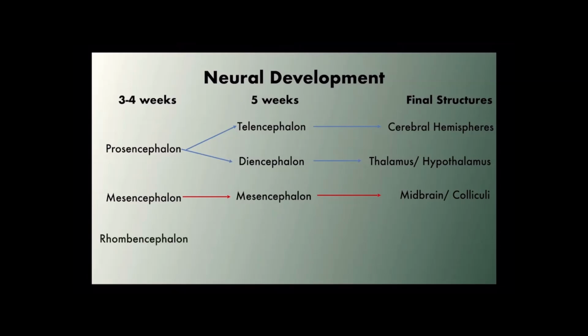And then our final division, rhombencephalon, also known as the hind brain. And with this one, it's going to become, that's right, metencephalon and myelencephalon.